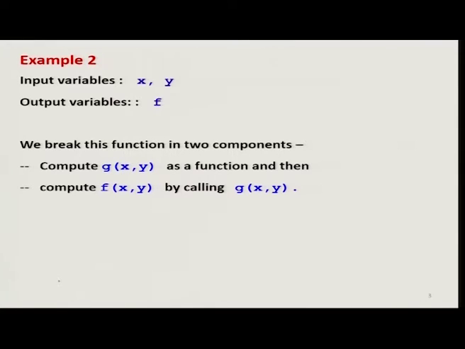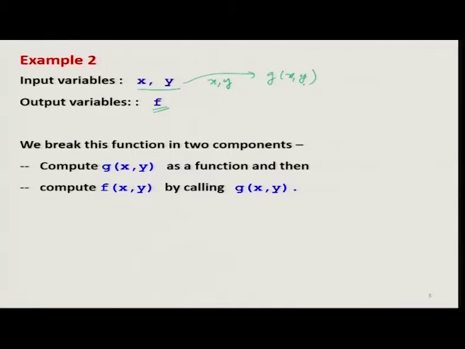Now in this example you can see we have two input variables x and y. They can obviously be some data values, and the output variable here is f, and this f is going to depend also on a function of x and y, something like g(x, y), but not directly, as an indirect dependence.